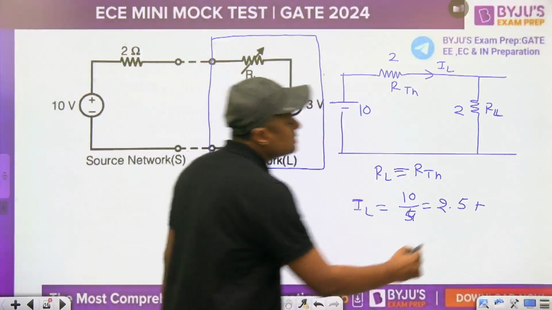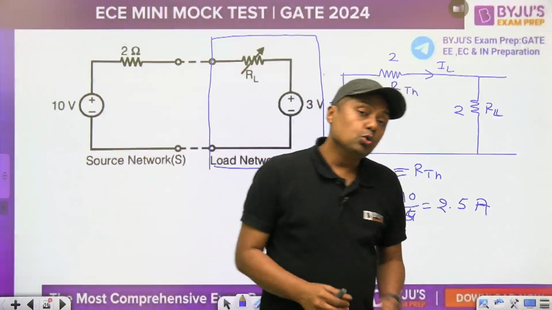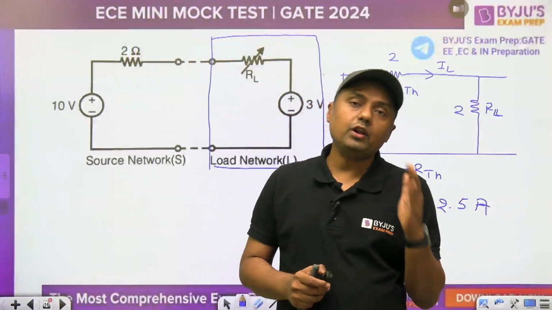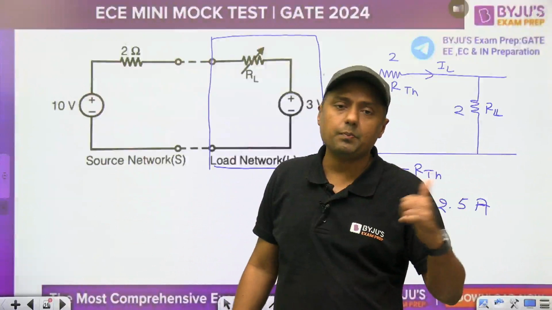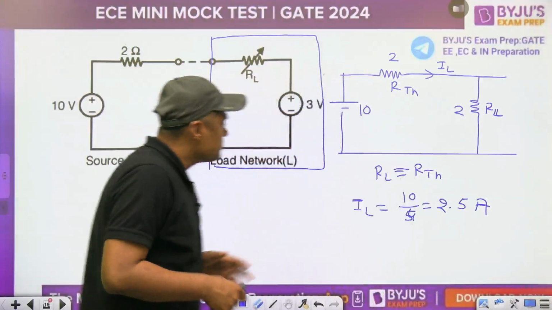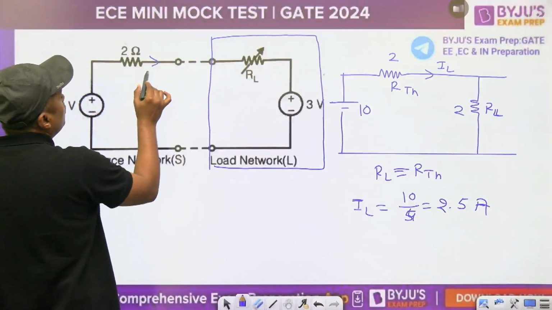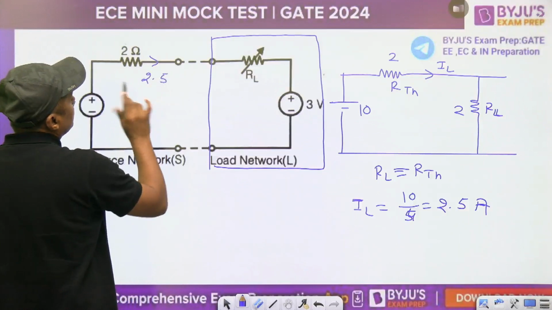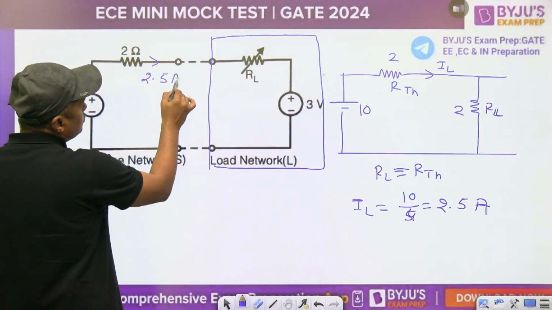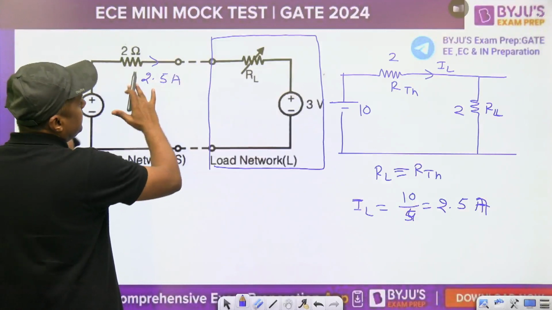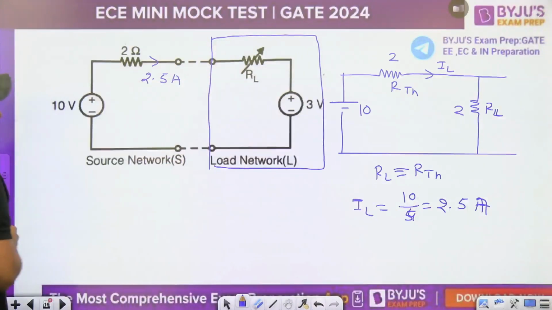Now this is 2.5 ampere. 2.5 ampere current will be given by the source network when there is a maximum power transfer, so that the maximum power will be transferred to this network.